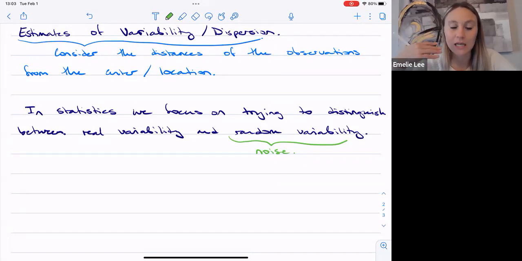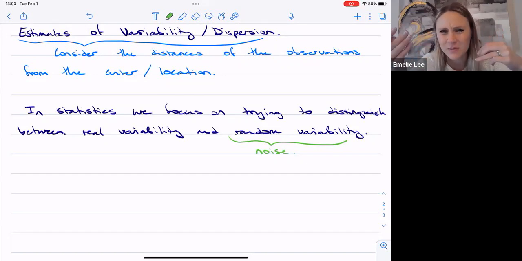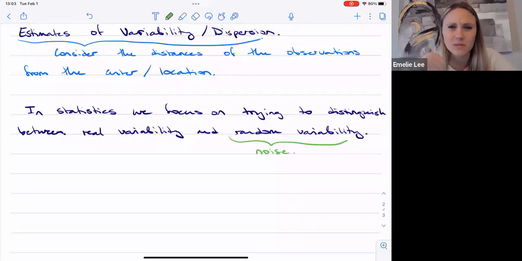The example I think about in my head is mosquitoes. We know that mosquitoes are the same size-ish, but at the same time we understand that they're not all exactly the same size. We expect very little variability.